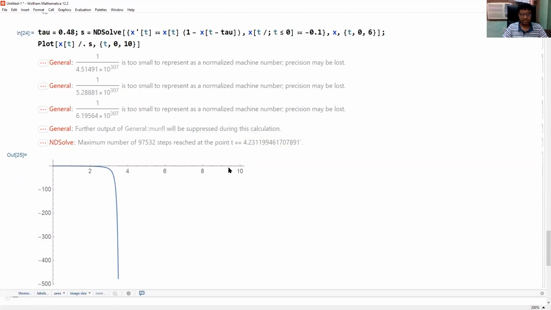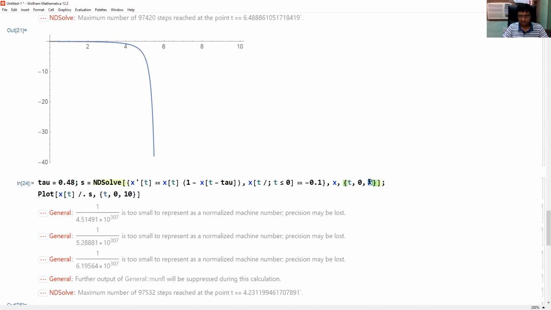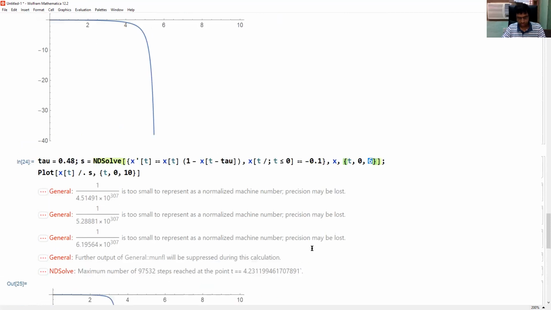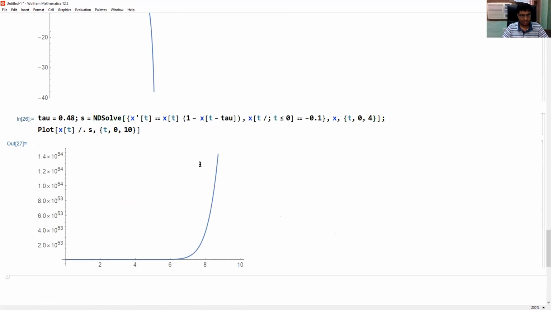Actually, things become unbounded in the neighborhood of 4. So let me solve up to 4. Though we start at minus 0.1, it is becoming positive and then unbounded.